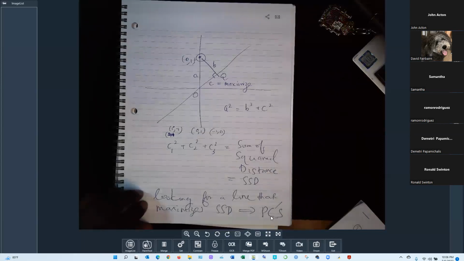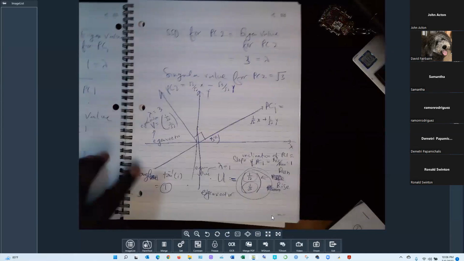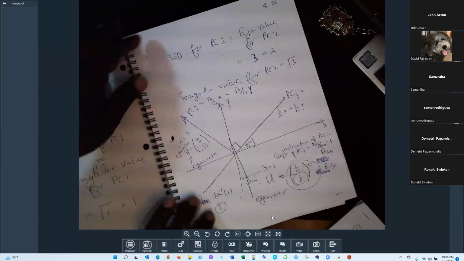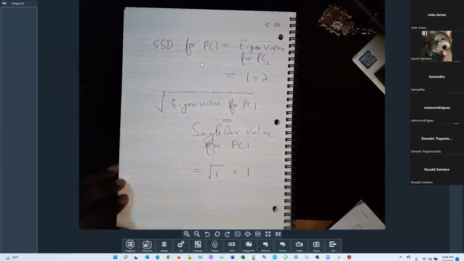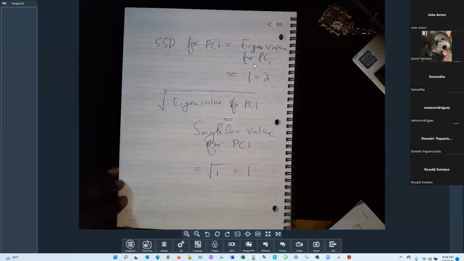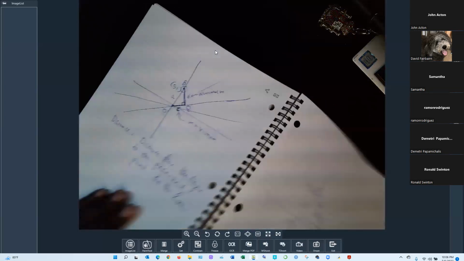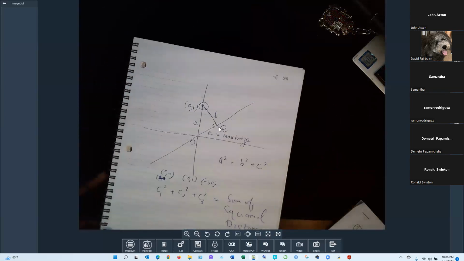Those are what I call the PCs. On the other hand, the sum of square distances for PC1 is nothing but the eigenvalue for PC1. That's lambda 1. Again, the eigenvalue is connected to this graphical representation: sum of square distance for PC1. PC1 is related to this one based on all the original points.